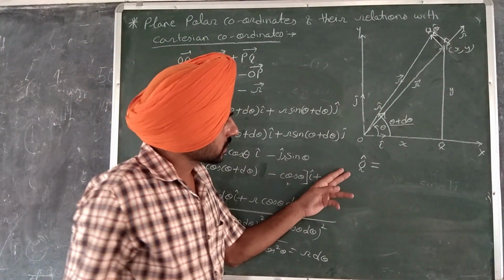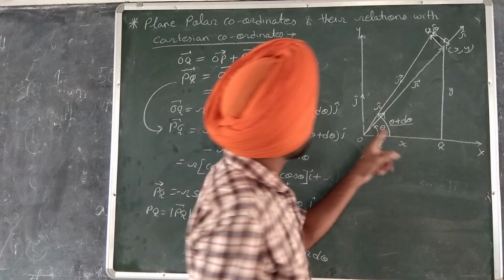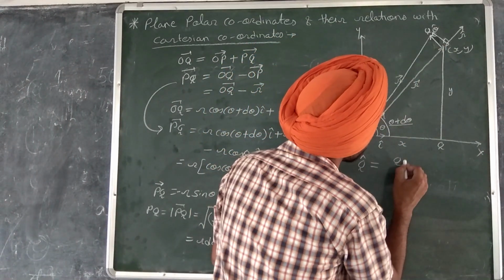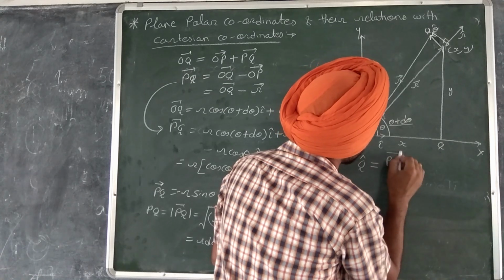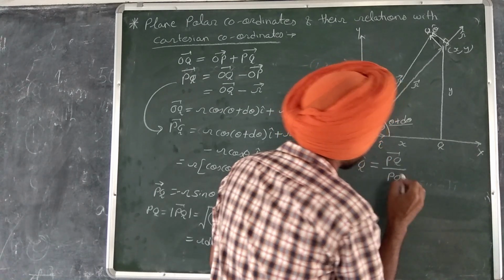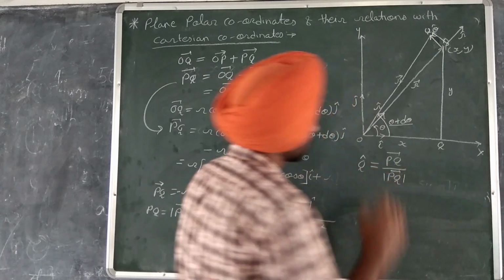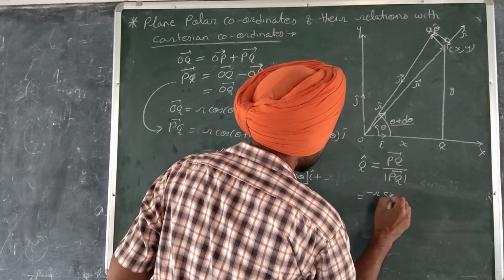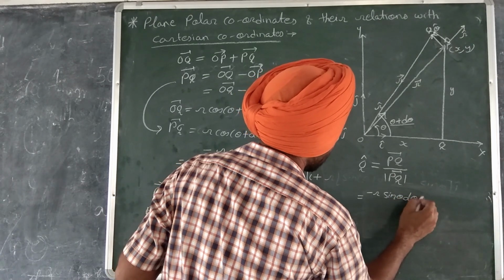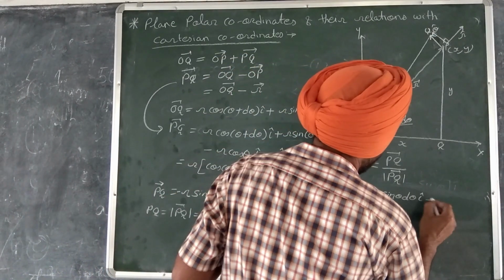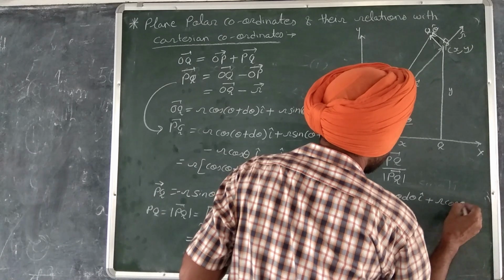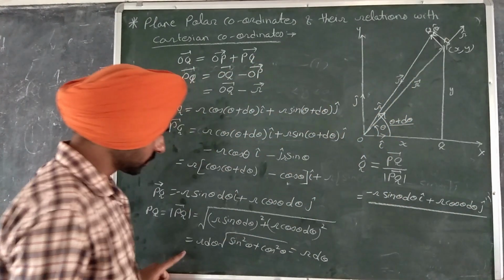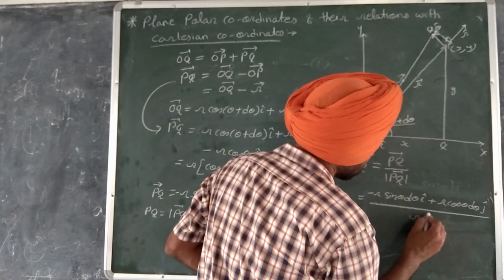That means theta cap is in the increasing direction of theta, so we write the PQ vector divided by its magnitude. This is minus R sin theta d theta i cap plus R cos theta d theta j cap divided by its magnitude, R d theta.